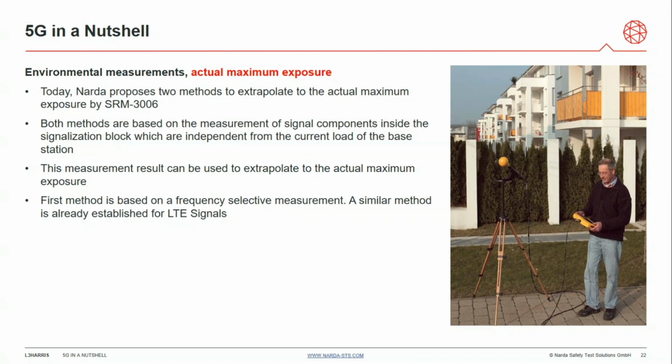With 3G, 4G, 5G it is more complex because it is a quite complex modulation scheme. So either you need to demodulate, that is the second method, or you have a look in the frequency domain, check for this signal resource block, and out of this signal resource block you identify this maximum.